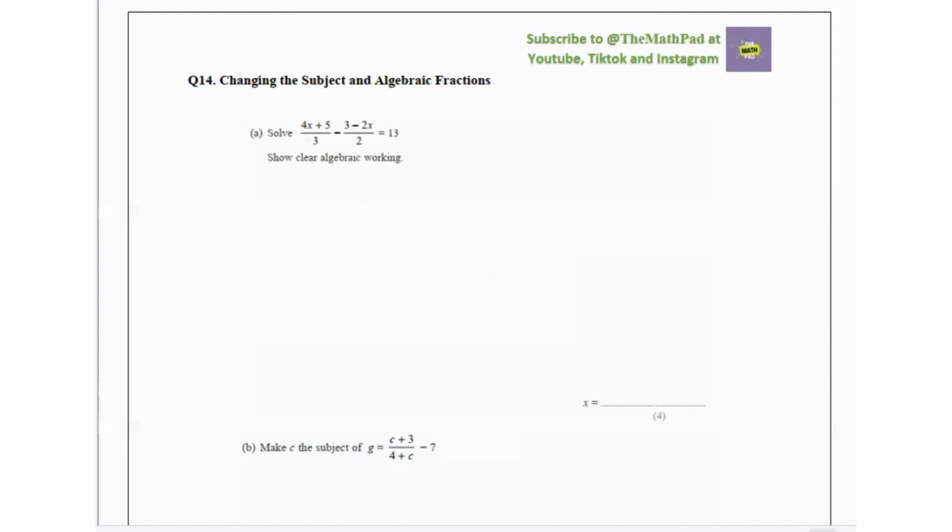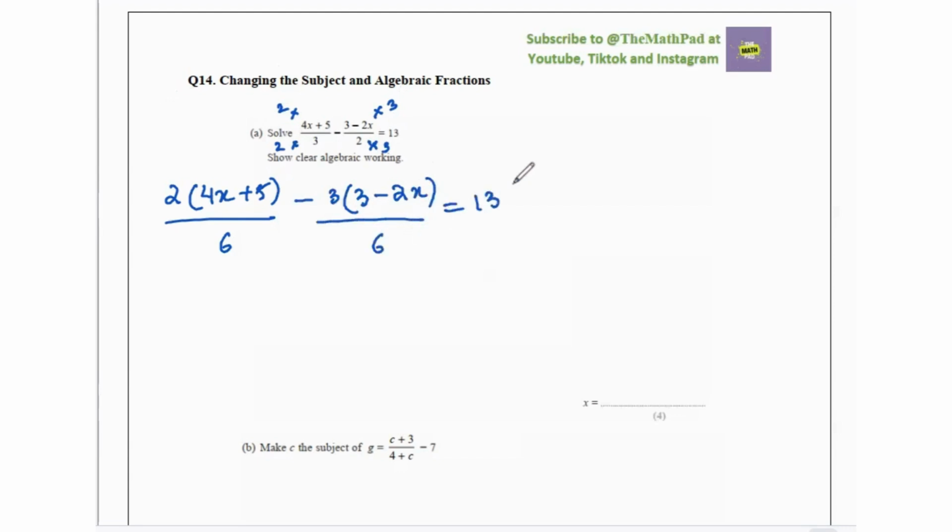In our case, since 4x plus 5 has a denominator of 3 and 3 minus 2x has a denominator of 2, we can times the first fraction by 2, which is the denominator of the other fraction, and the second fraction by 3. That leaves us with 2 times (4x plus 5) over 6 minus 3 times (3 minus 2x) over 6 equals 13 times 6, which is 78? Since we have the same denominators, we can rewrite it as a single fraction.